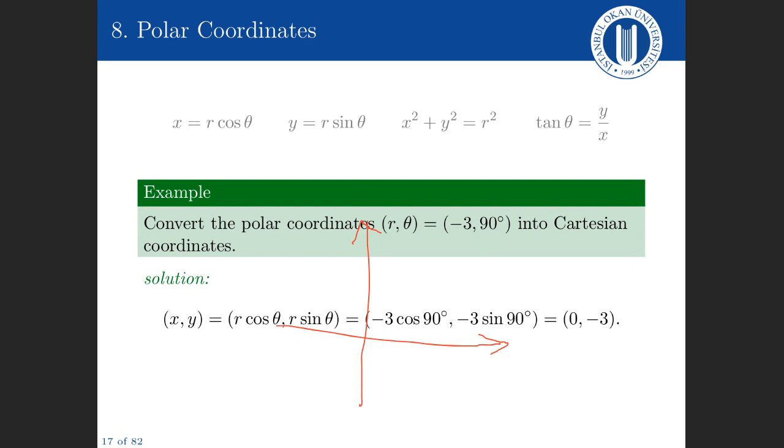We go down for the negative ones. So we must be about here. -3, 90 degrees in Cartesian coordinates. Sorry, in polar coordinates, or in Cartesian coordinates, x is 0 and y is -3.